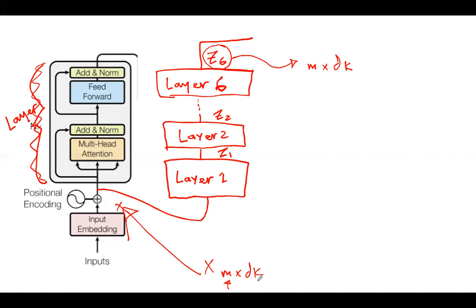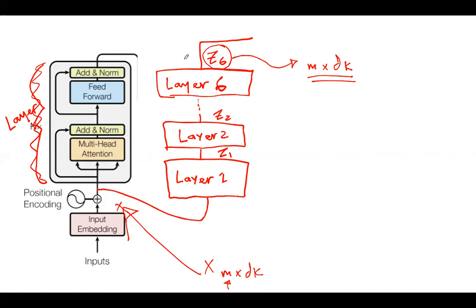And this X is going through so many mathematical operations, through the addition from multiple layers, from the attention information from multiple heads. And finally, it's producing a new feature space, which is also m times dk dimensional, right?